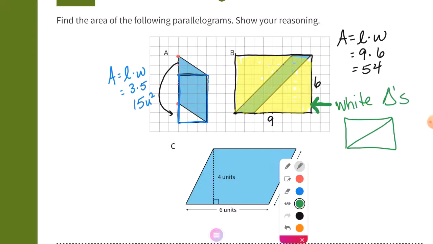So if I could, I'd pull this blue part out and push those 2 white triangles together. What would the dimensions of that rectangle be? What would the length and the width be?